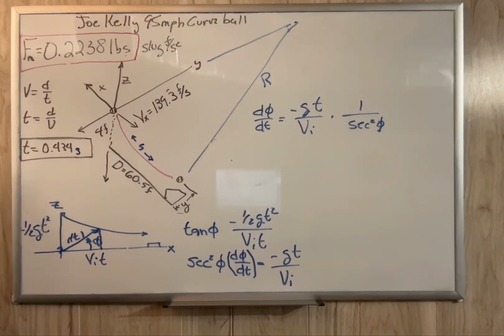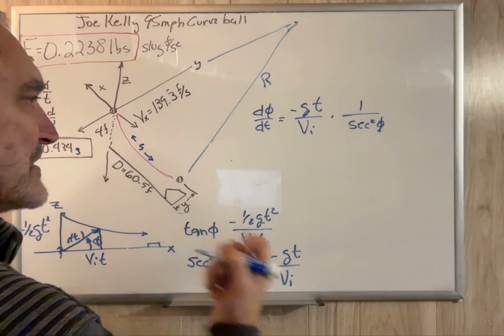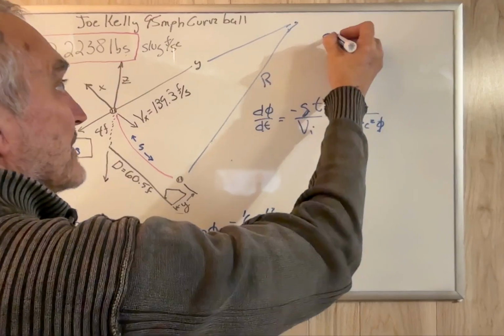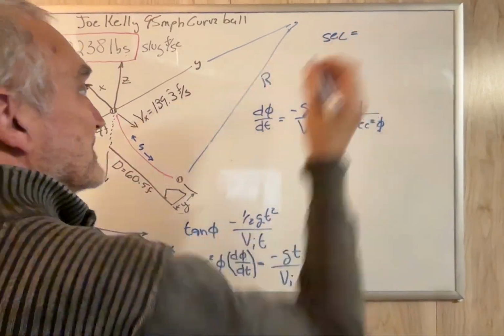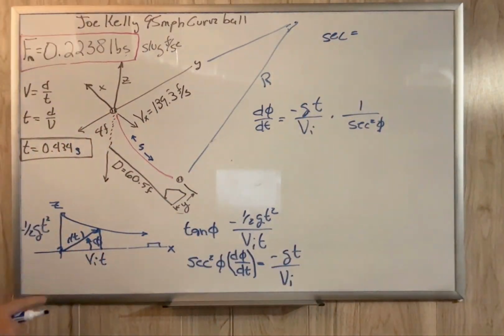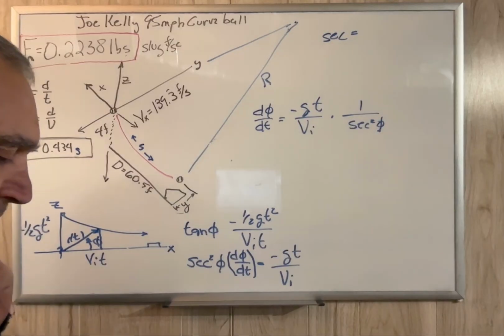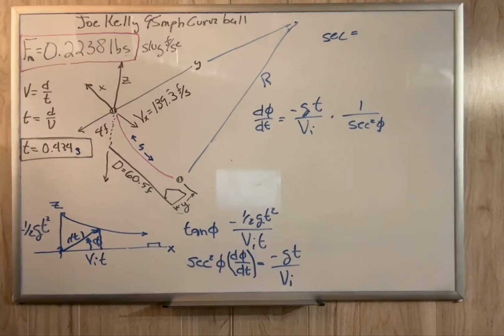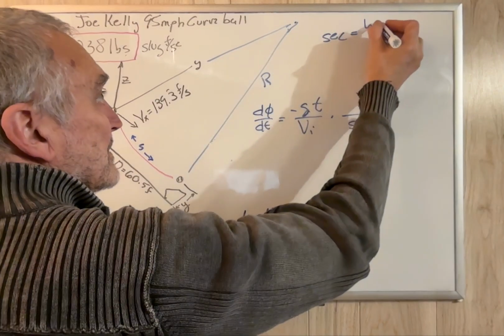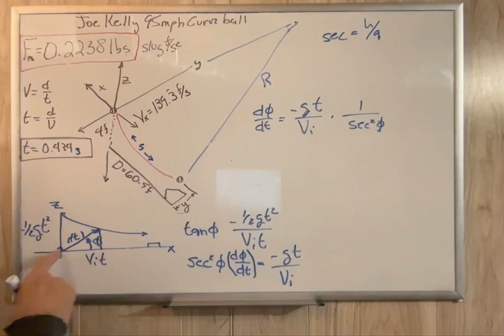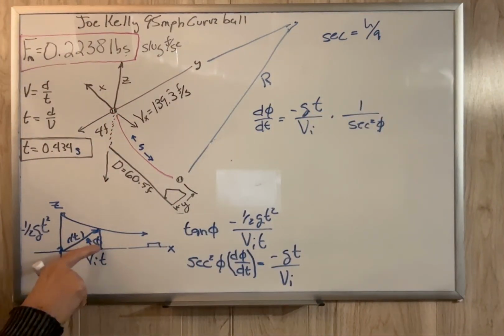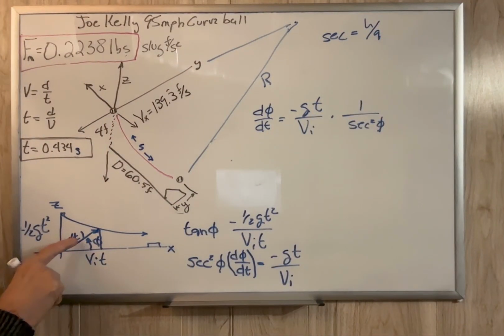Well, that's nice, but what's it going to do for you? Well, let's look at secant squared of this thing. Secant is what? Hypotenuse over adjacent. I'm pretty sure of that. Now don't forget, this r of t, we're just looking in the Z and the X direction.